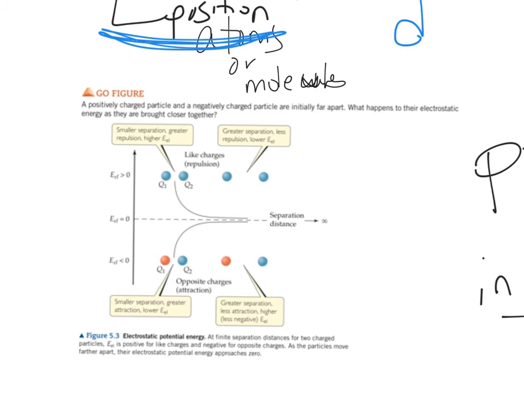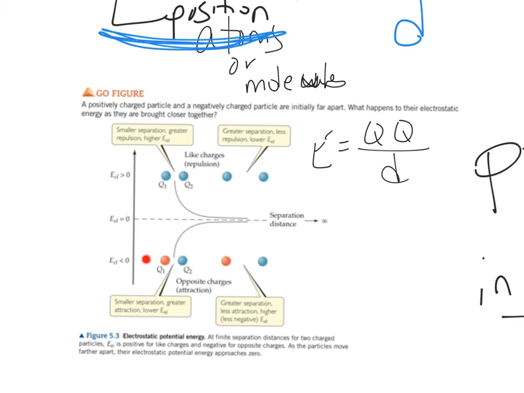And that will make sense because I said mathematically before, our energy is inversely proportional to the distance. So as the distance decreases, our energy gets less, our potential energy, and that's what we're talking about. This law here that relates charge to distance to energy is called Coulomb's law.